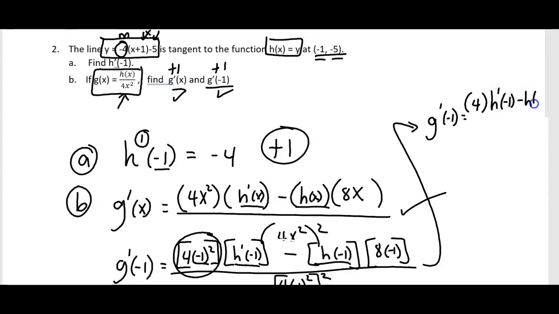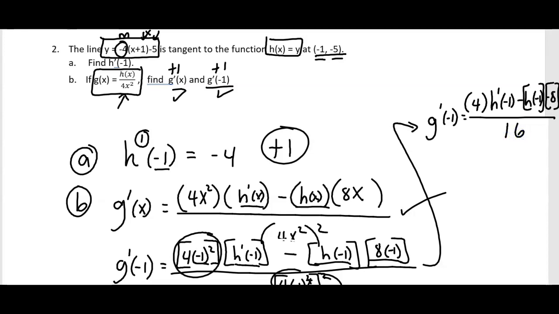I'll come back to that. This piece I'm going to simplify. That's -8. Down here, let's simplify that. -1 squared is 1 times 4 is 4. Squared is 16. So my bottom is 16.